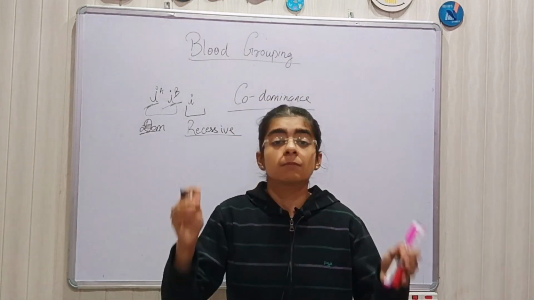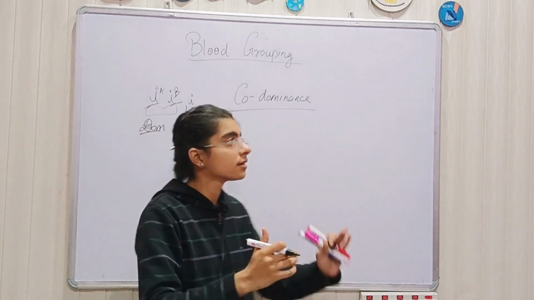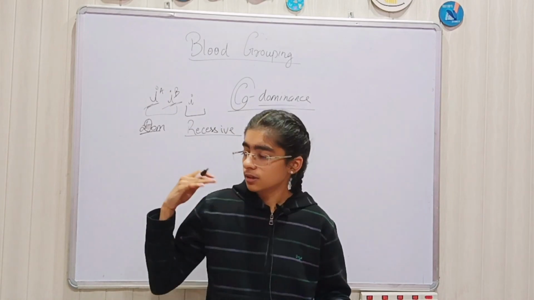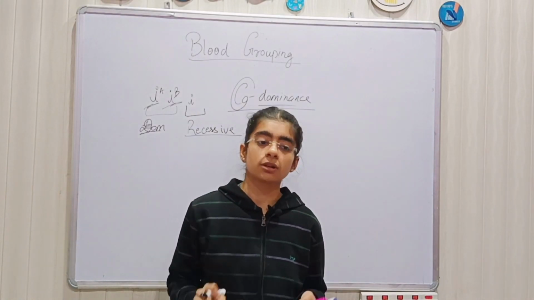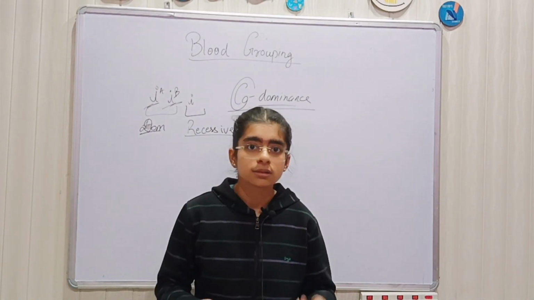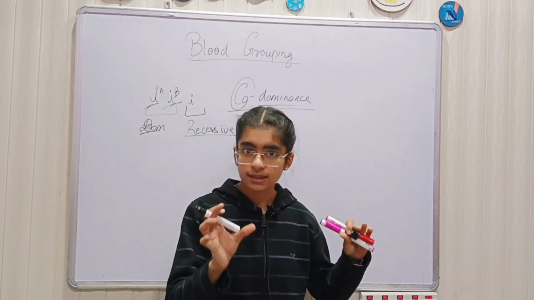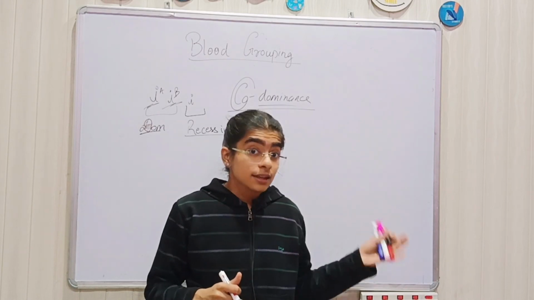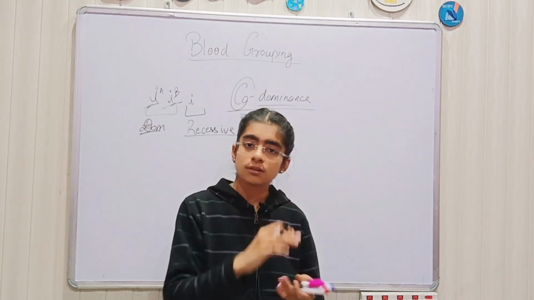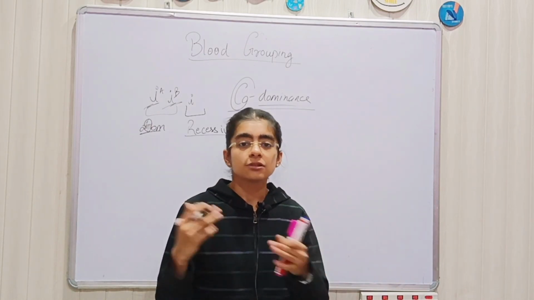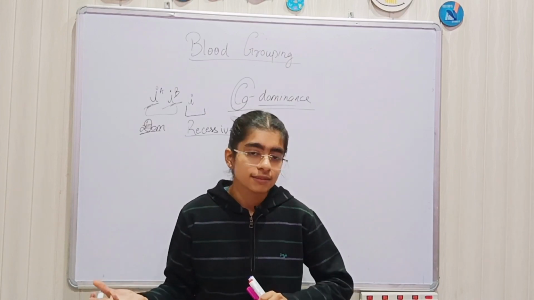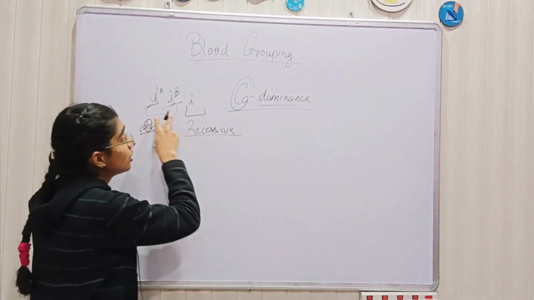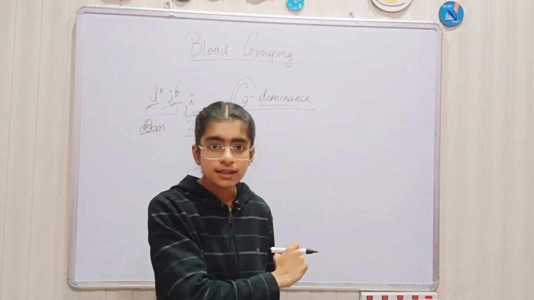Co means both together, so in codominance both are dominant. In the pea plant, you must have come across the colors, the pod size, shape and all, right? There only one was dominant, like in tallness or dwarf, the dwarf was recessive and tall was dominant. Here I have two alleles as dominant, right?